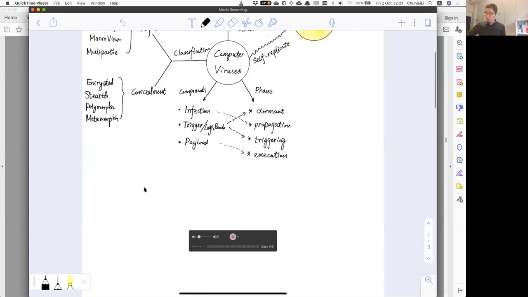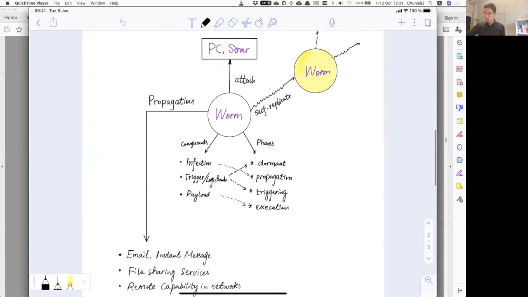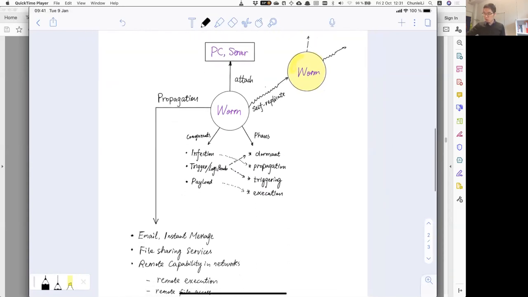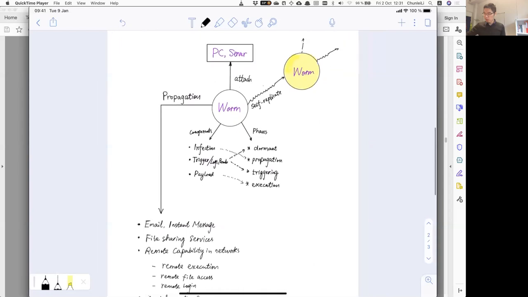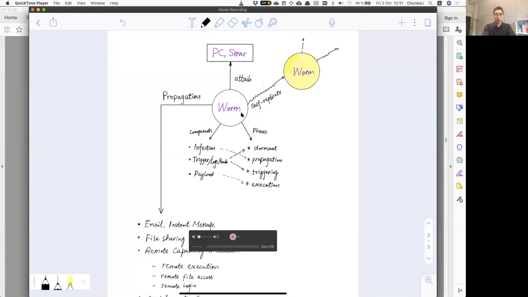We also introduced a bit about computer worms in the Wednesday lecture. A computer worm has quite a lot of features in common with a computer virus. So here I also drew some notes and tried to gather all its essential features.